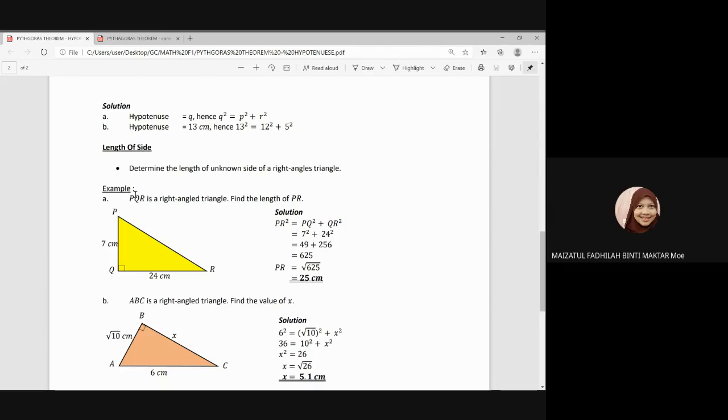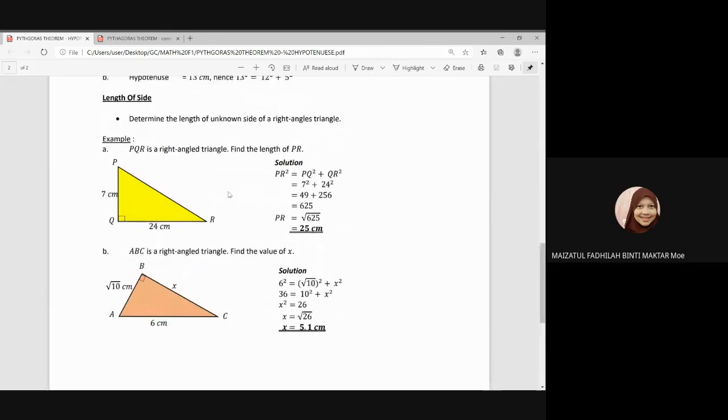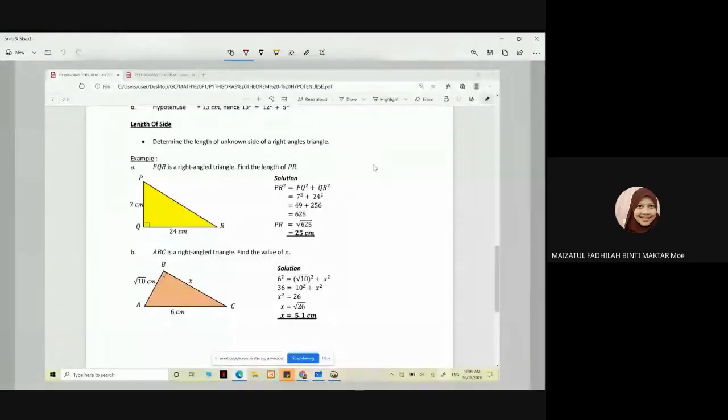From this one, you no need to determine whether this is a right angle triangle, and you must find the length of PR.